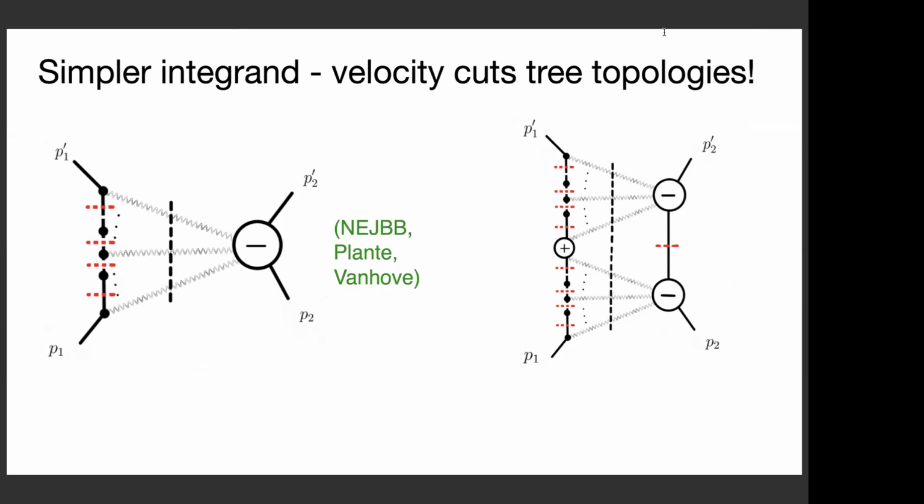And this continues as we go up in order, to next-to-probe, for instance, where we have one velocity cut on the right hand side, and we have all the velocity cuts on the left hand side. So we can organize what we put into the core.